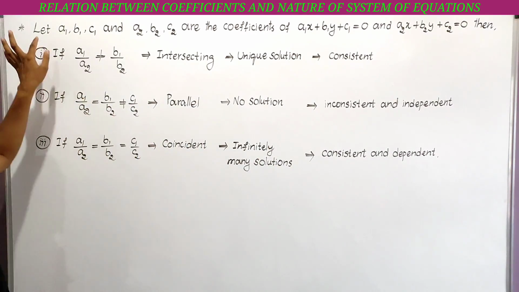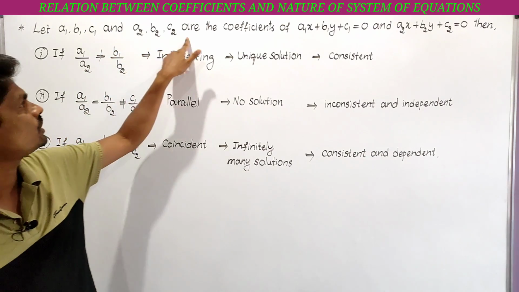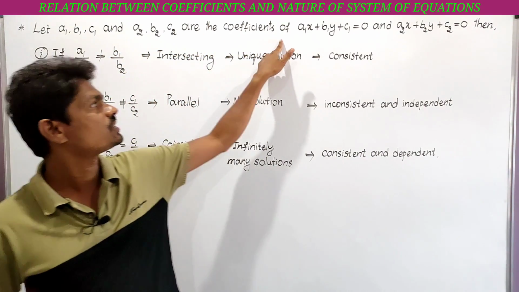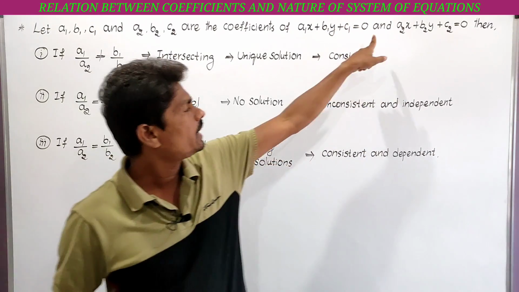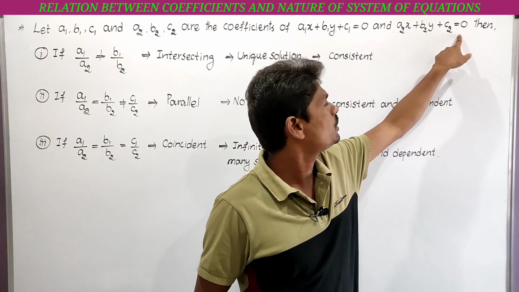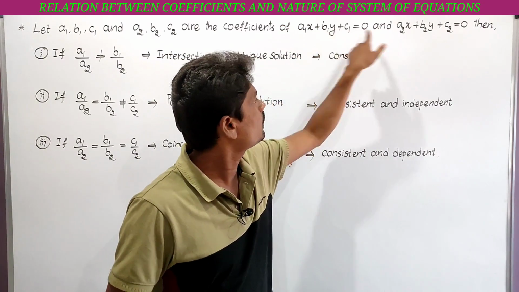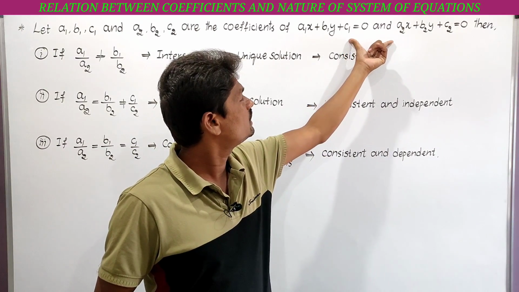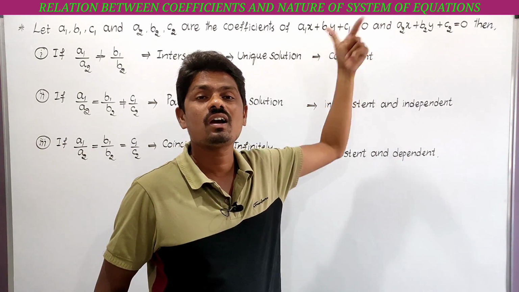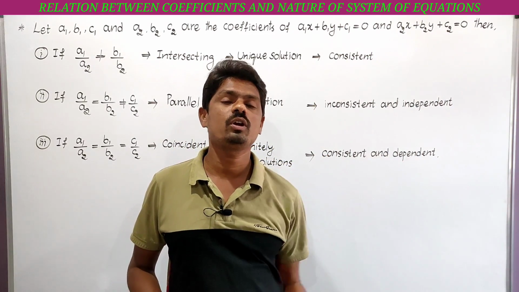Suppose let a1, b1, c1 and a2, b2, c2 are the coefficients of a1x plus b1y plus c1 equal to 0 and a2x plus b2y plus c2 equal to 0. Then these two are the given pair of linear equations in two variables. Now we have to decide whether these two equations are consistent or inconsistent or intersecting or parallel or coincident.